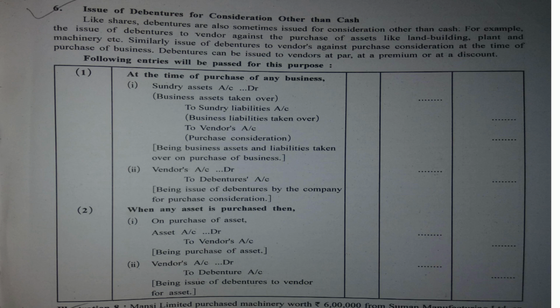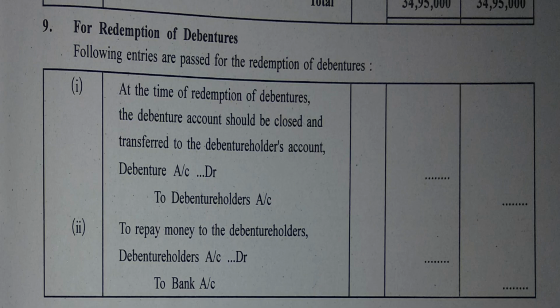Yes, nextly, these are the journal entries for redemption of debentures. The two journal entries. The first one is about closing debenture account and transferred to debenture holders account. That means debenture holders are our creditors, and hence debenture account is closed and transferred to debenture holders account.